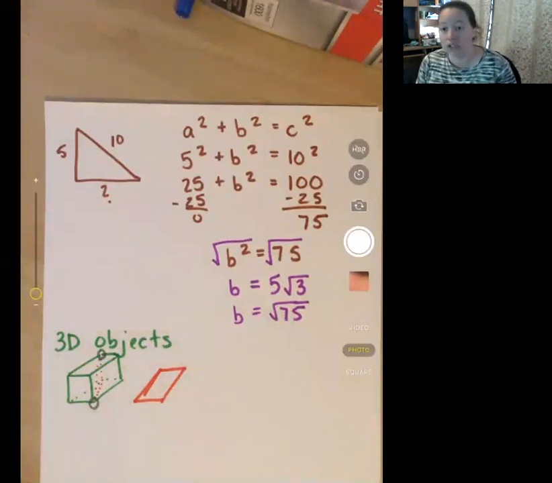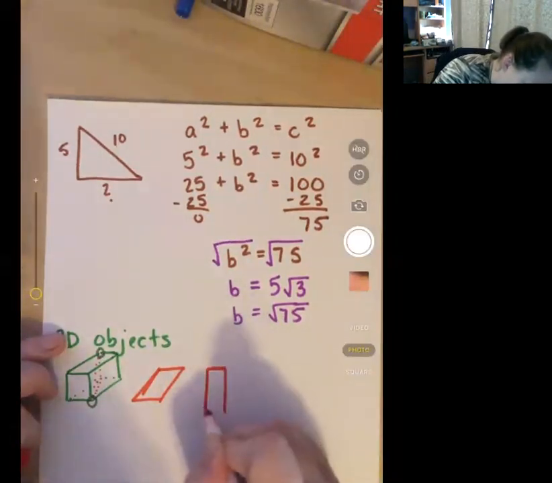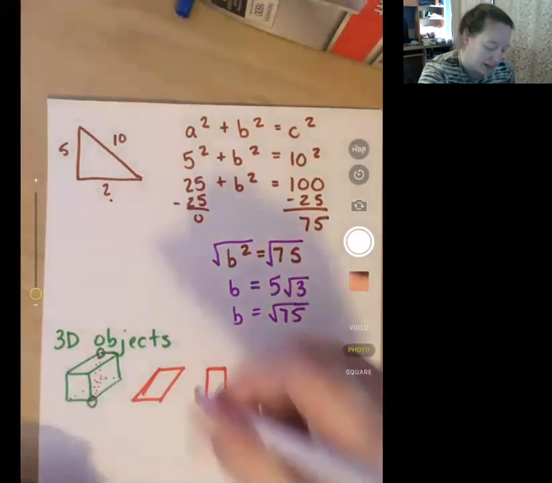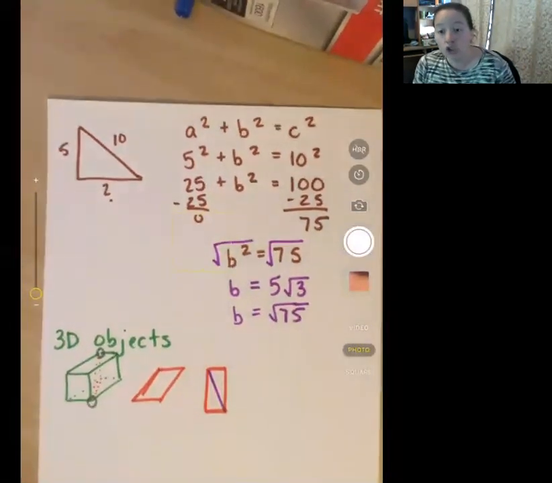The only reason it looks like a parallelogram is because we're trying to do 3D perspective. It is actually a rectangle, just like this. And then the line that is cut between it is literally cut straight between it. So we are making two triangles out of this at the bottom.